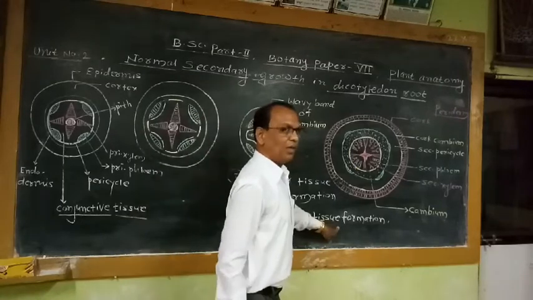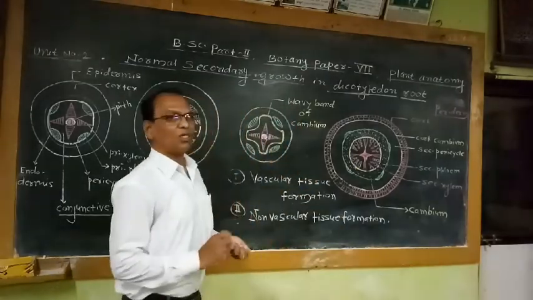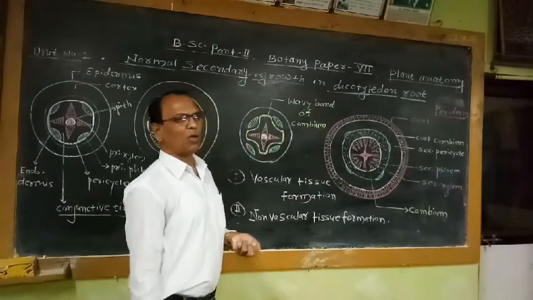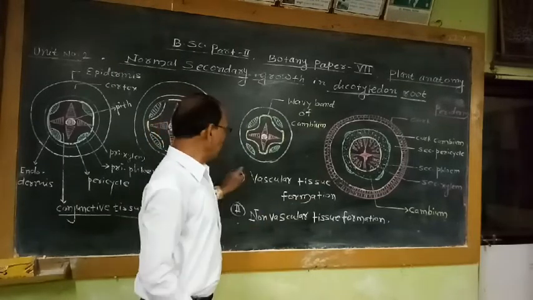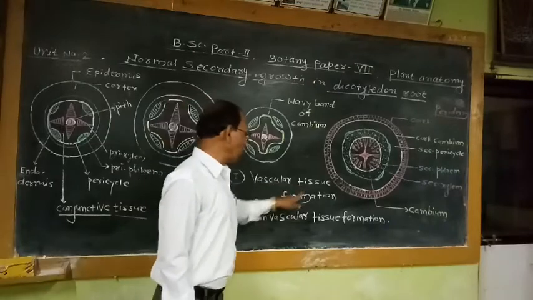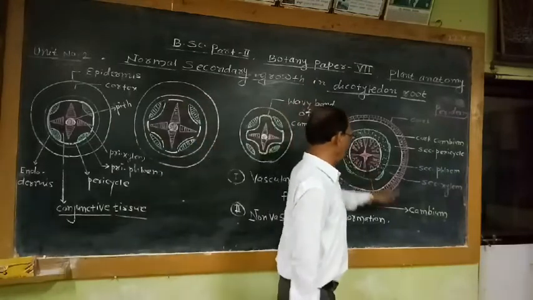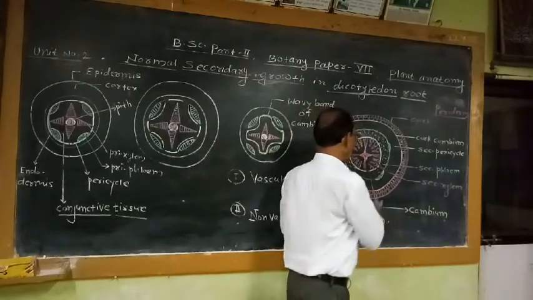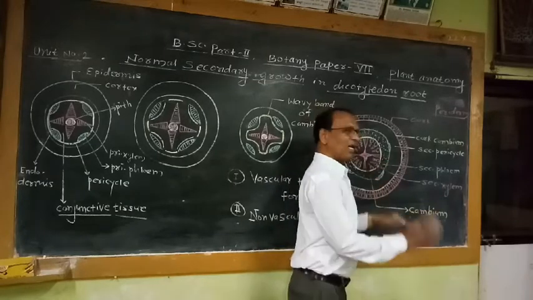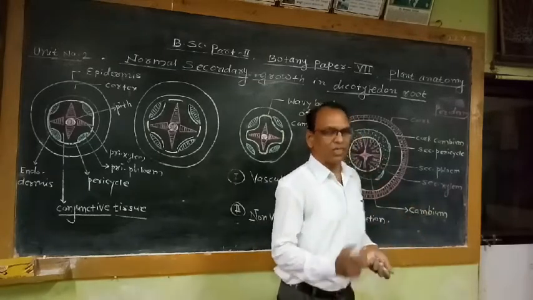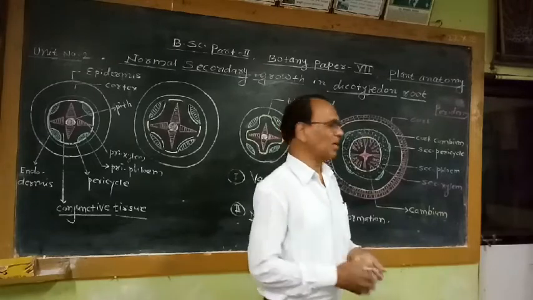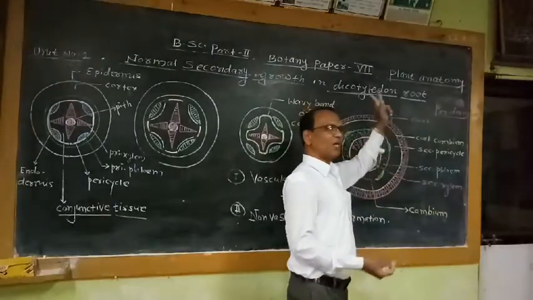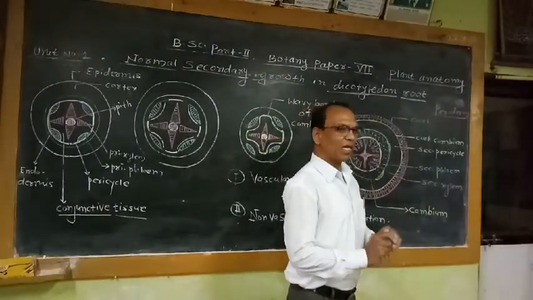non-vascular tissue formation. That means in the course of the secondary growth of each and every dicot root as well as stem, there are two events. The first event is vascular tissue formation, which takes place due to the activity of this vascular cambium, and it adds secondary xylem at the inner side and secondary phloem at the outer side. It is responsible for increase in diameter. At the same time, when epidermis ruptures, it requires another protective layer.